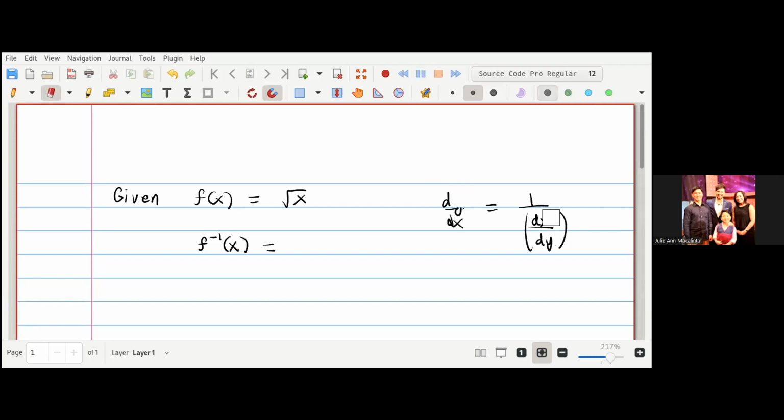Yung ginagaya natin x and y. No? So, derivative with respect to x. So, dx over dy. So, the derivative of the inverse is equal to 1 over dy dx.